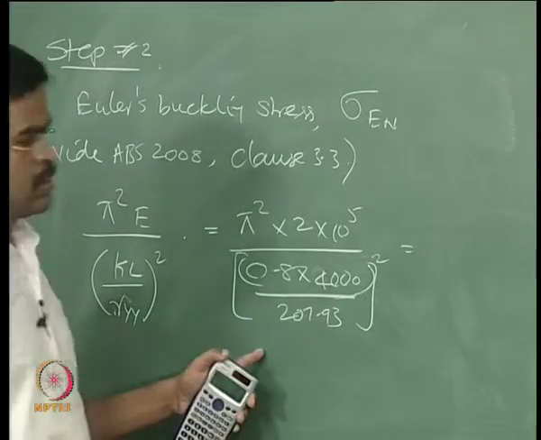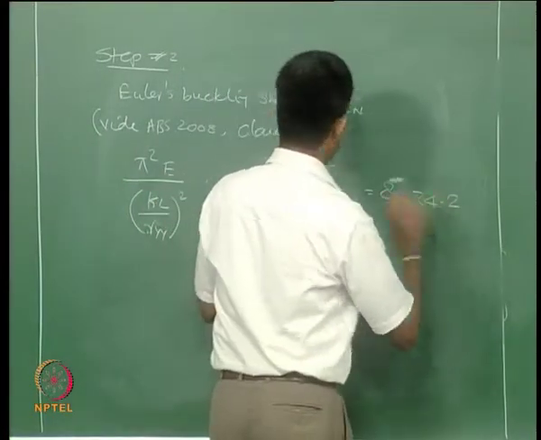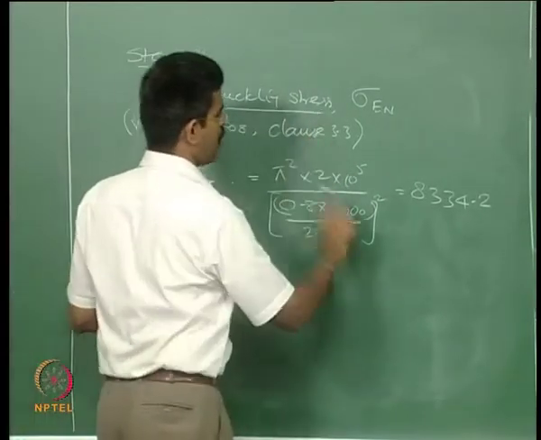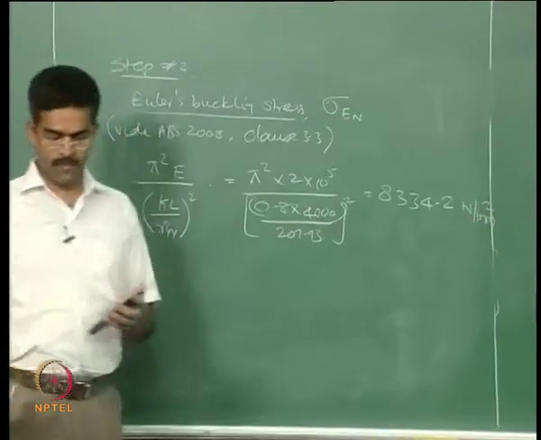So, calculating this, we get 8334.2. That is what we call Euler's buckling stress, in Newton per mm square.